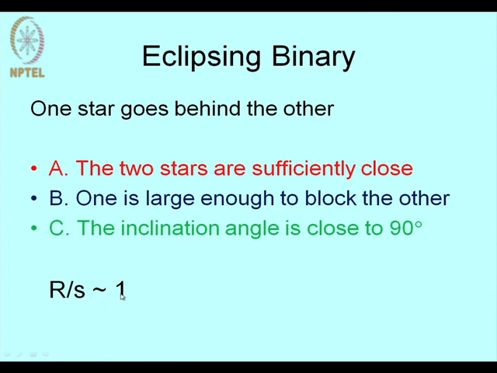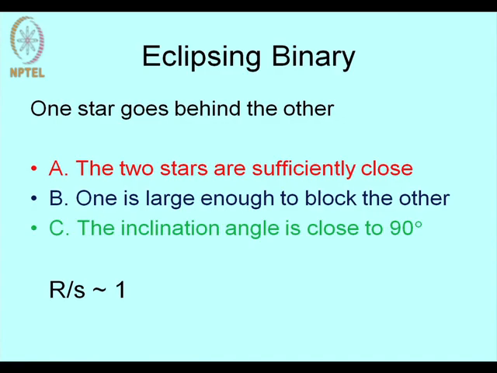If this condition is satisfied, then the inclination angle also need not be very close to 90, and you will have an eclipse for a relatively large range of inclination angles. So, the situation is that the size of the star should be comparable to the separation between the two stars.